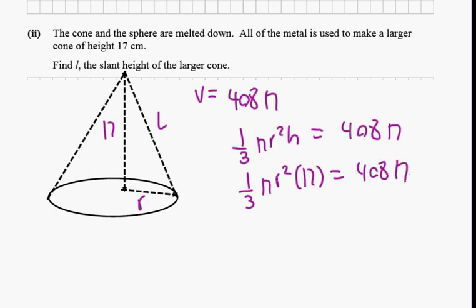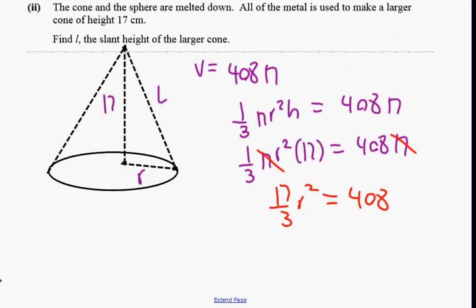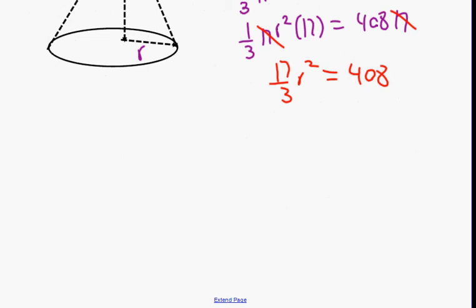Now here's the hard part. What cancels? Pi cancels. Now we're going to have 17 over 3 r squared equals 408. What can you do with the 3? It's called cross multiplication. What happens to the 3? The 3 multiplies by the 408. What happens to the 17?